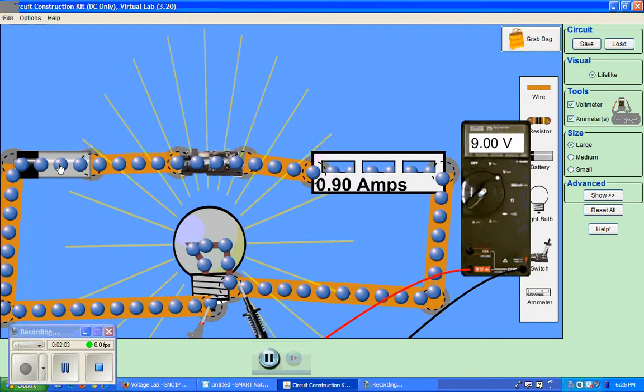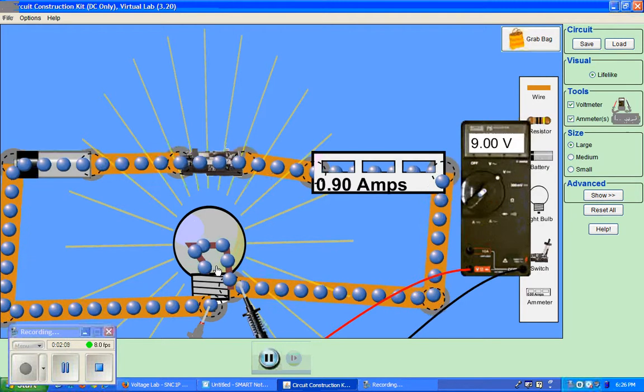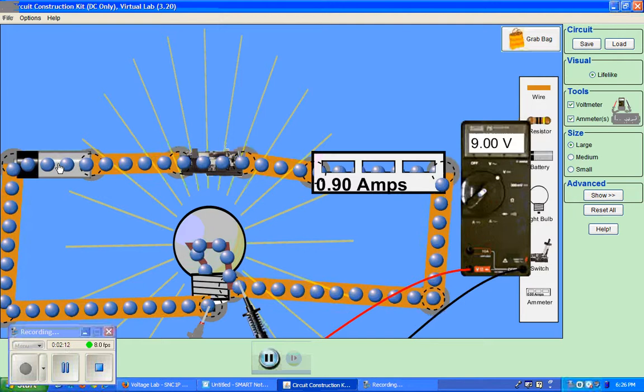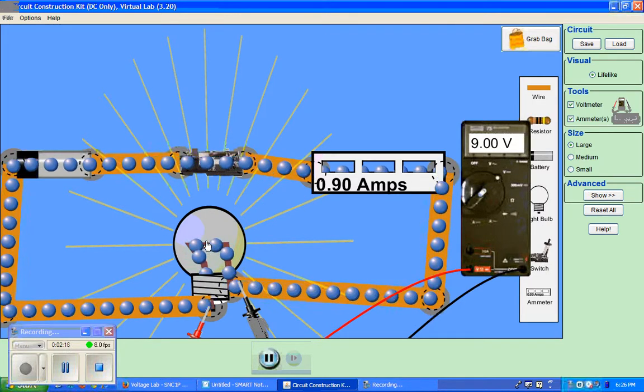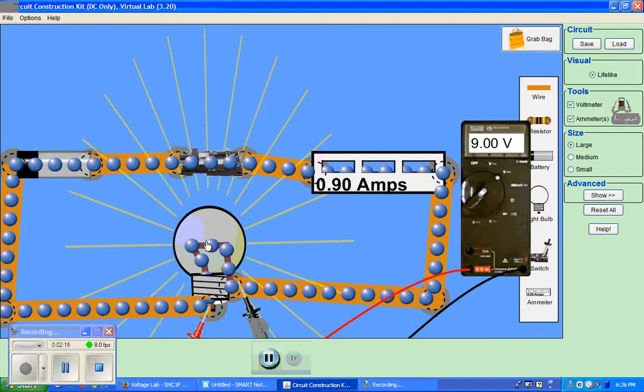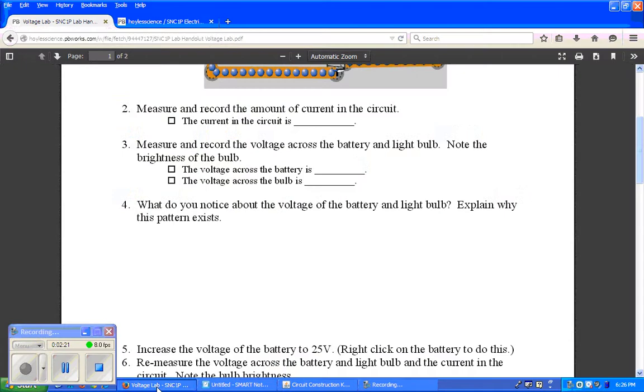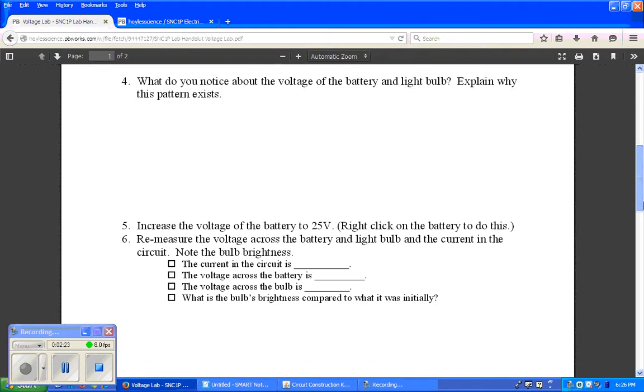So 9 volts of energy coming from the battery is being used entirely by the light bulb. What the battery is outputting in terms of voltage is what the light bulb is actually using. Okay, so that's what you want to write down for question 4.